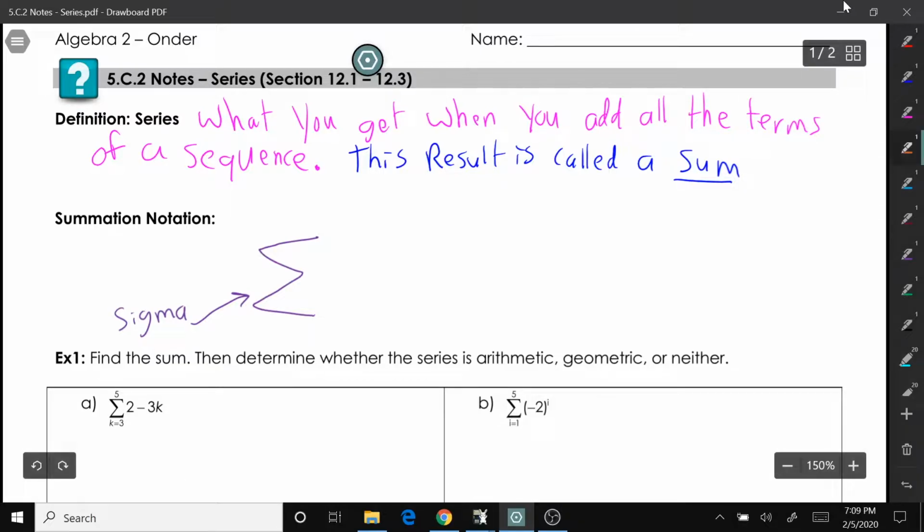And we have a couple things going on here. At the bottom, we have n equals 1. This is your starting point, so the first value you would plug in. You will have a number up here. This is your ending point. And then you'd have your function.